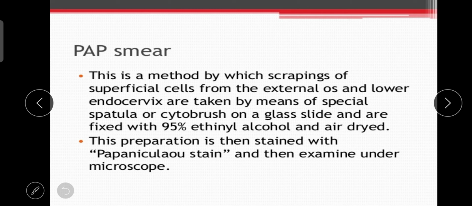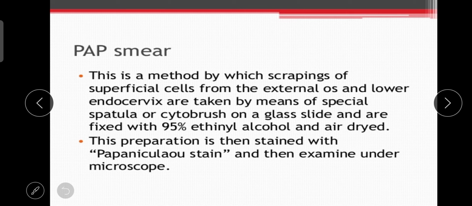Actually, cervical cancer nowadays is very common in women after breast cancer. Breast cancer is the first one, and cervical cancer is the second one that is very common in women nowadays. So after the age of 30, all women should go for this screening, the pap smear.